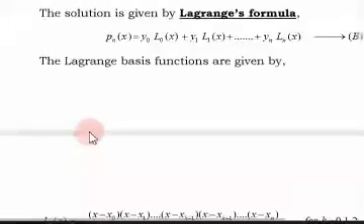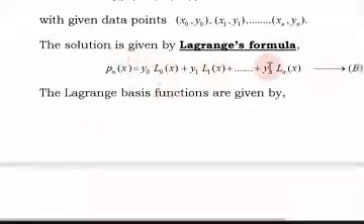Suppose we are given n plus 1 data points. So the nth order polynomial is equal to what? You have to know these things, they are very important.